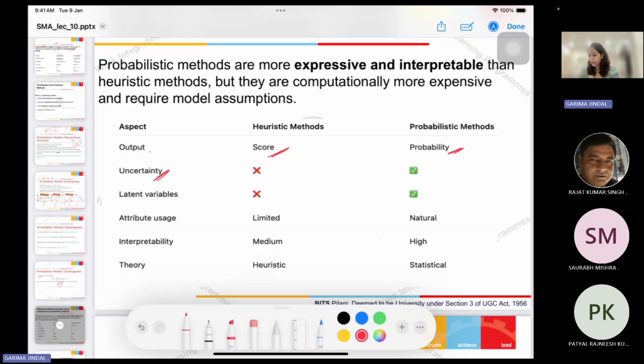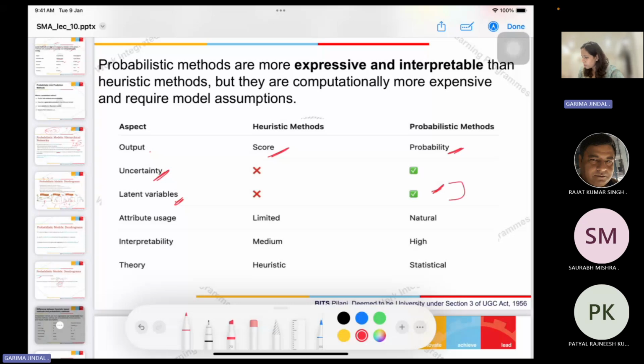Even when you want to predict the variables, in the heuristic method it depends either on the local neighborhood or on the path, so you cannot really predict the variables. On the other hand, in the probabilistic method, you can also predict the variable values of the nodes.